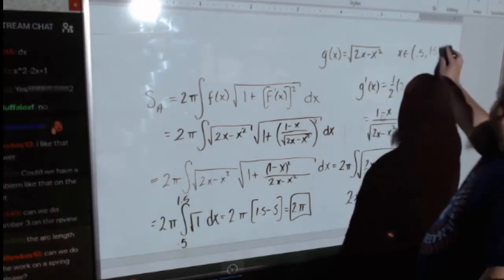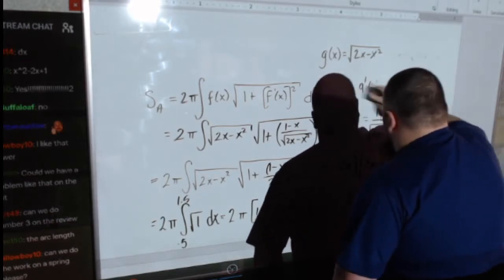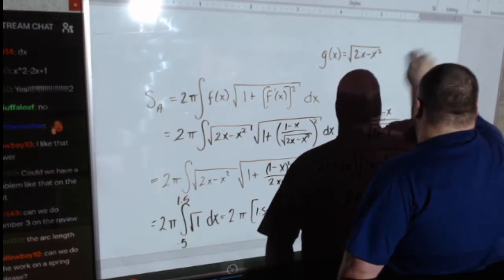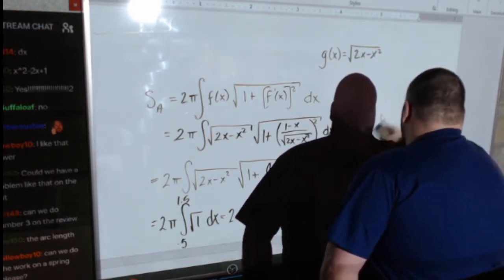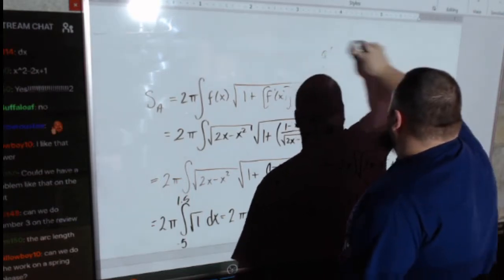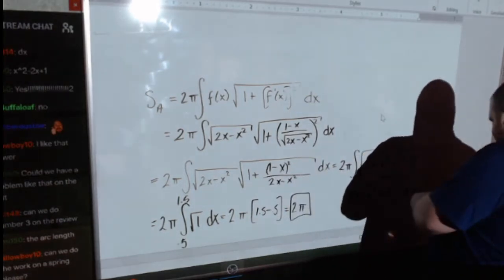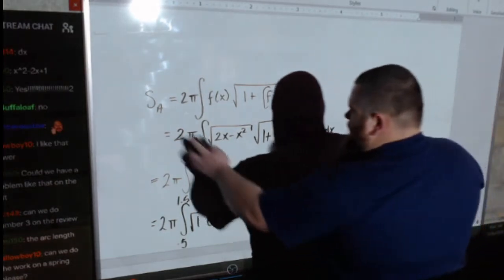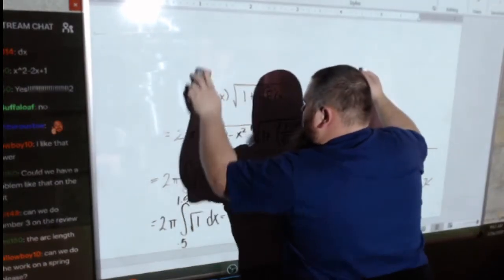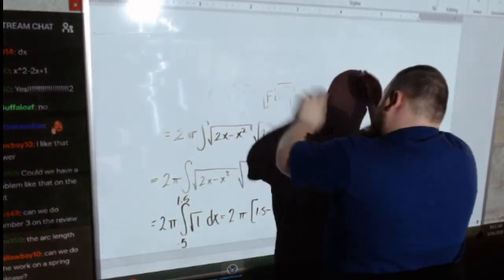Can we do number 3? Yeah, as soon as I figure out what number 3 is and can get this board erased, I will be glad to do it for you. And this marker does not want to come off. Bear with me here.